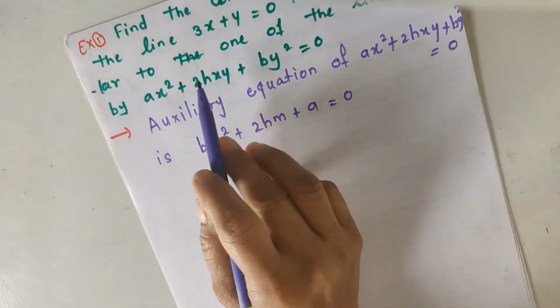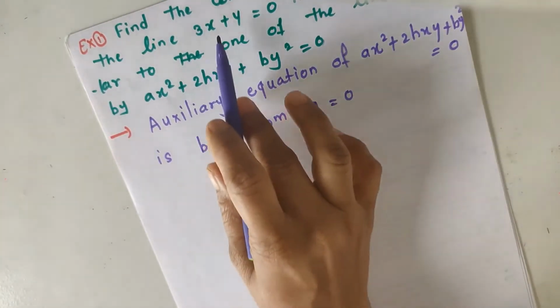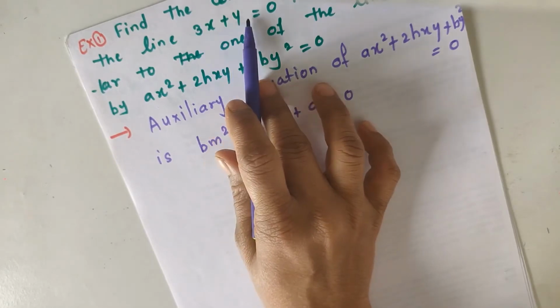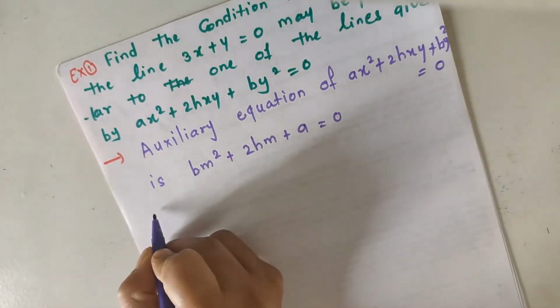Now it is given that one of the lines is perpendicular to 3x plus y equal to 0.